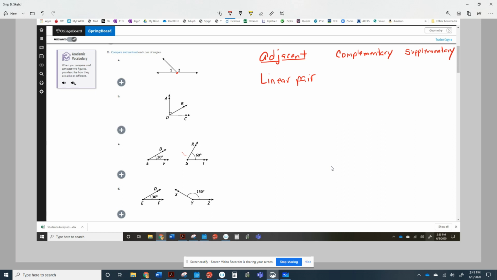And they also share a ray. So this ray right here makes up angle 1, and this ray right here helps make up angle 2. Now, what they do not share is any interior points. So if I were to go up here and put in a bunch of red dots, all of those red dots lie on the interior of angle 1.